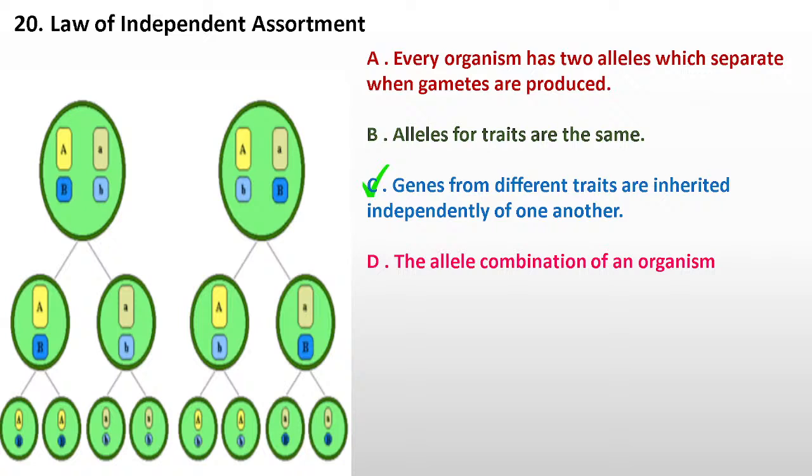So I would tell you something. The law of independent assortment always considers different traits, that is two traits minimum, whereas the law of segregation talks about the inheritance of two genes of a single trait. So this is how law of segregation and independent assortment are different.